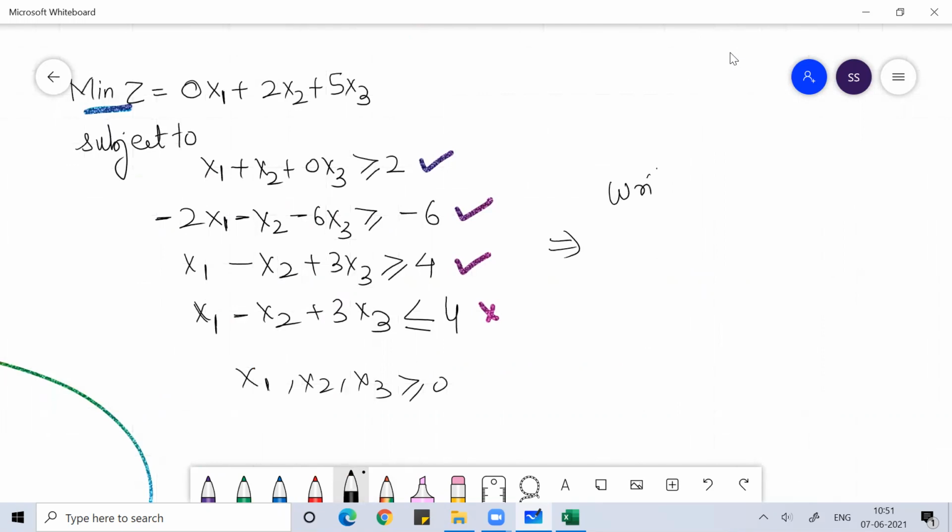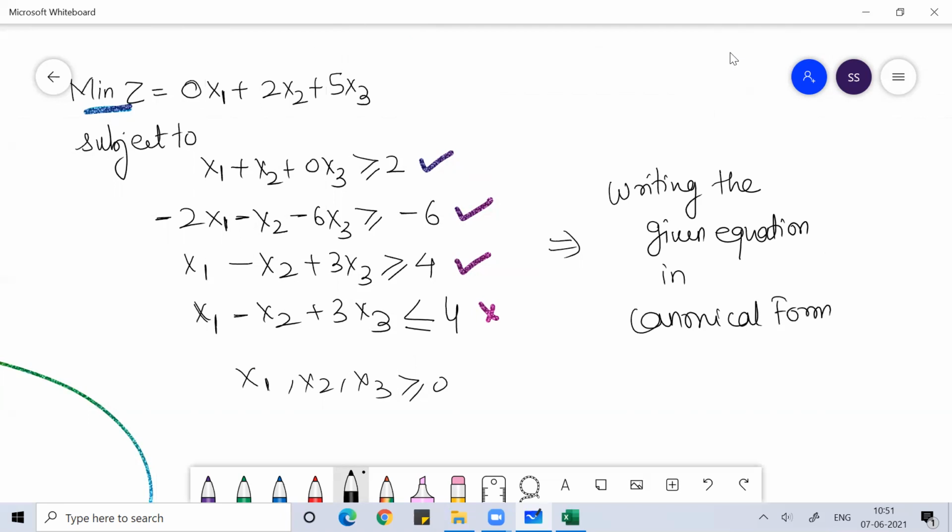So we'll write the given equation in the canonical form.